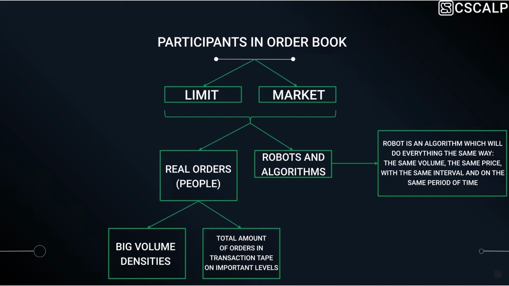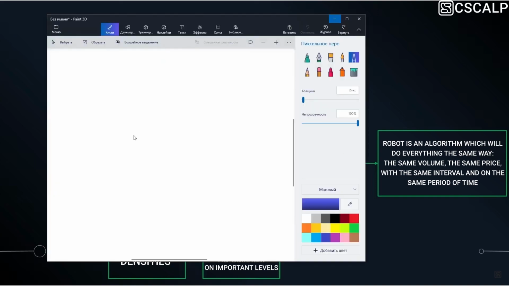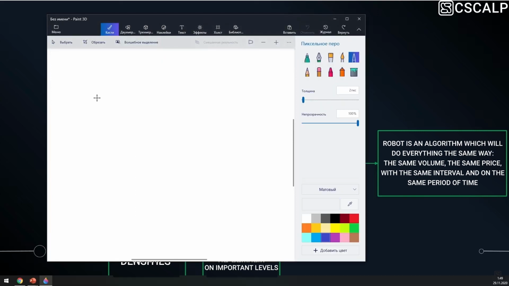So that's why big volume densities influence the price of an instrument, not just moving it, but influencing. Let's see one example. For example, we have a level which was formed before, and the price is going to it.